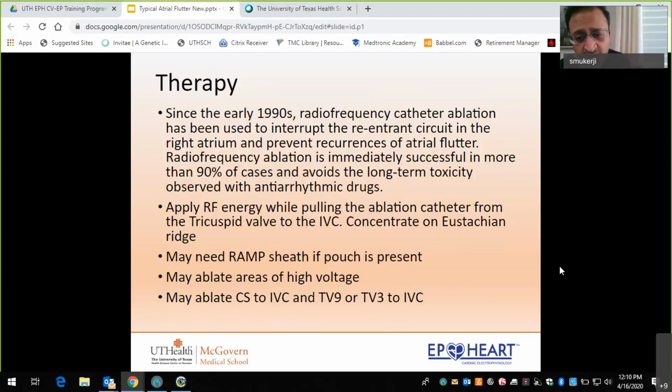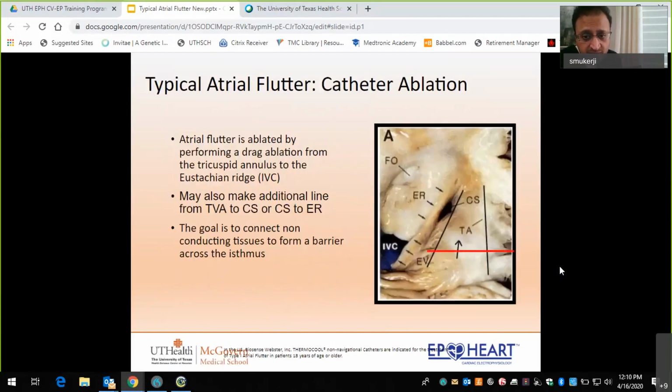So that's the reason why a lot of us prefer doing that using the ramp sheath, because once you get it in there, you got it on the CTI, all you got to do is drag it along the CTI and the success is phenomenal. But that being said, if there's a lot of wattage being used and if you're close to the RCA, bad things can happen, like I pointed out.